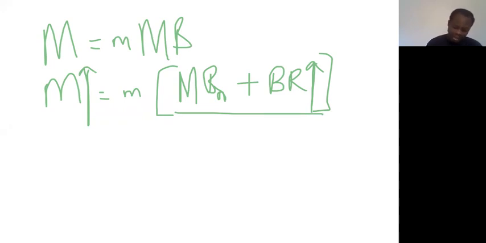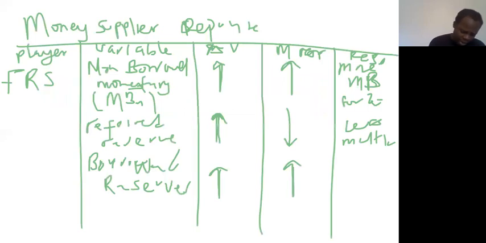Now the next one that we are going to examine is excess reserves. When your excess reserves go up, what happens to your money supply? Your money supply comes down.